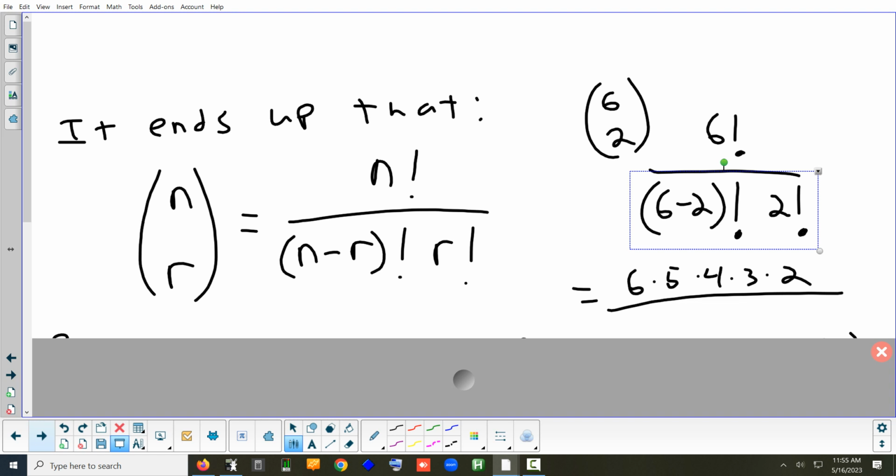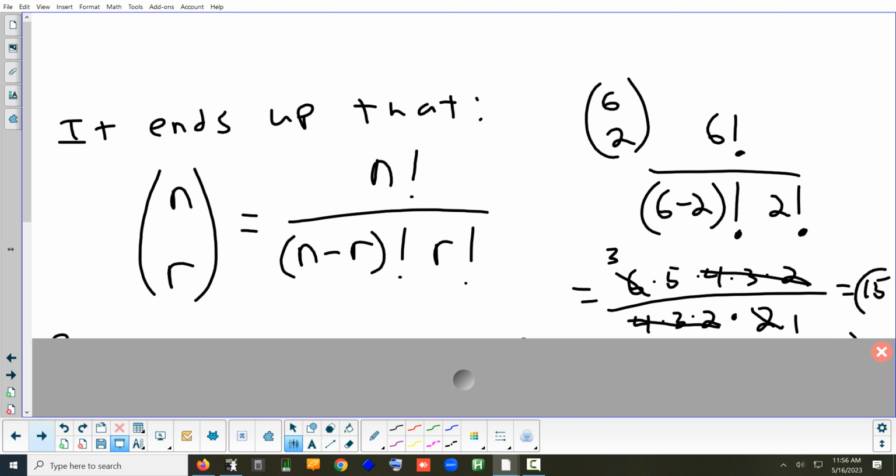And what's 6 minus 2? 4. And 4 factorial is 4 times 3 times 2. And 2 factorial is just 2. So you have a 4, 3, 2 on top and a 4, 3, 2 on the bottom. The 2 goes into itself once and goes into 6 3 times. Whenever you calculate this, the entire bottom should always come out to 1, because the number of ways you can choose something is always an integer, never a decimal. So what do you get for an answer here?